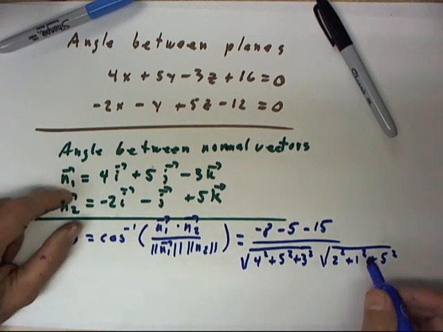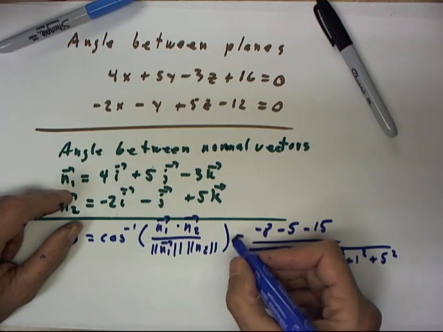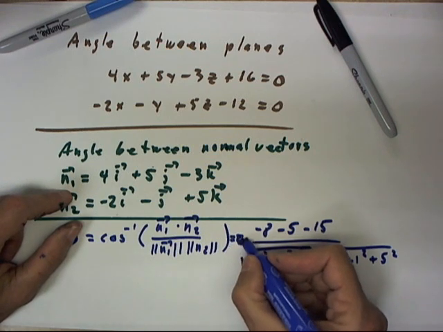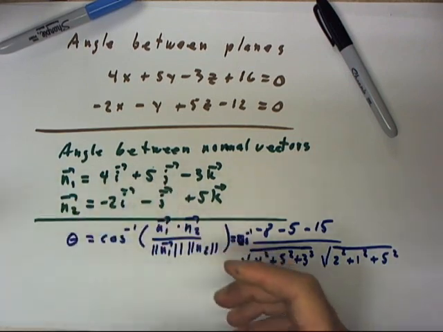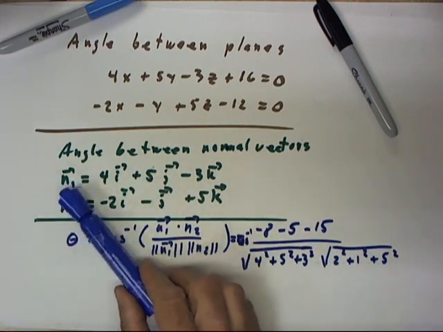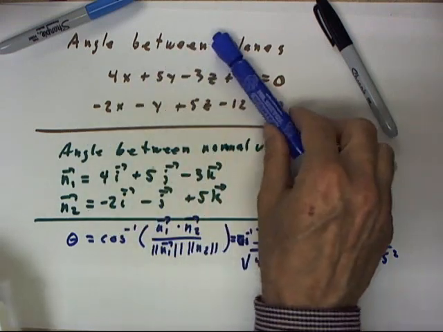And I didn't write out my inverse cosine. I'm going to smudge that in. Not sure what to do about that. That's kind of a mess.